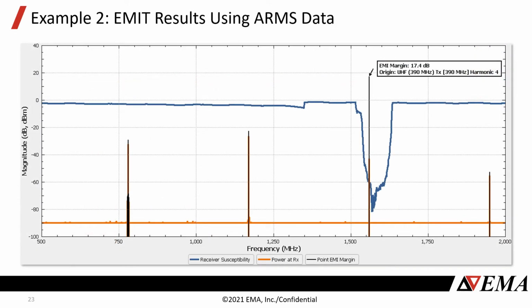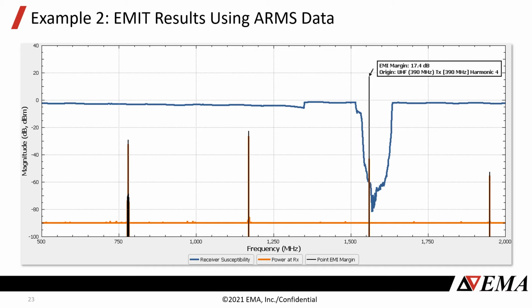So again, we're looking at results within the EMIT software. We've loaded up the transmitter and receiver measured data. Same as in the previous plot, the blue trace is the receiver susceptibility. The orange trace is the power level at the RF port, and the black trace is the EMI margin.